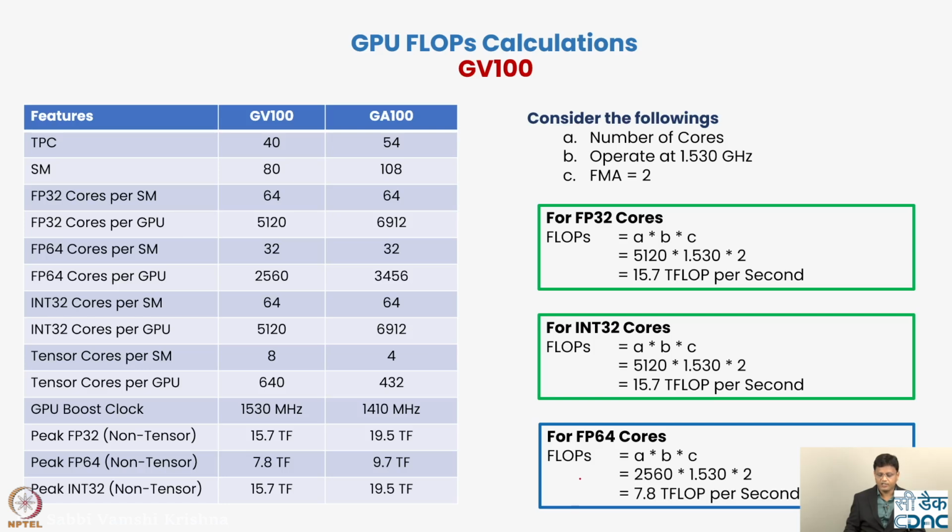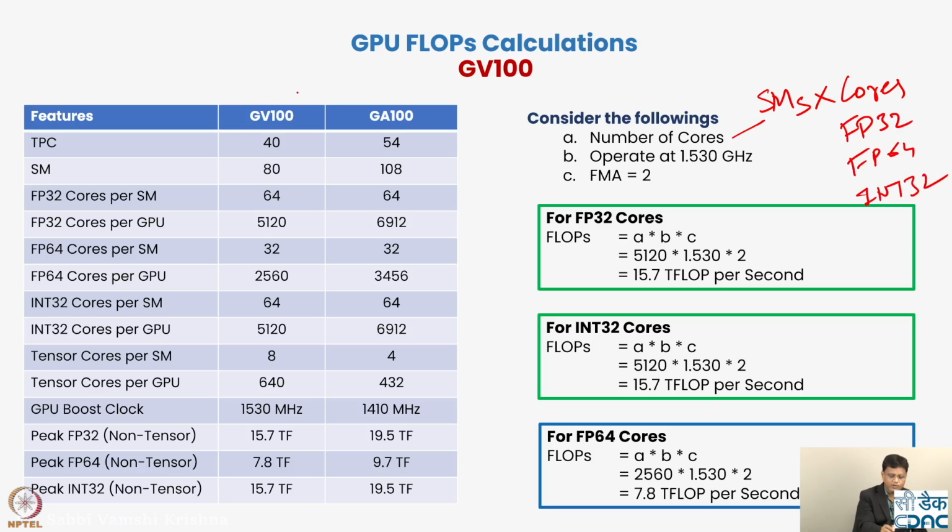I know that 3 important components are required for my calculation. The number of cores is basically the number of SMs per GPU multiplied by the cores per SM. These cores can vary depending on whether you are using FP32, FP64, INT or tensor cores.